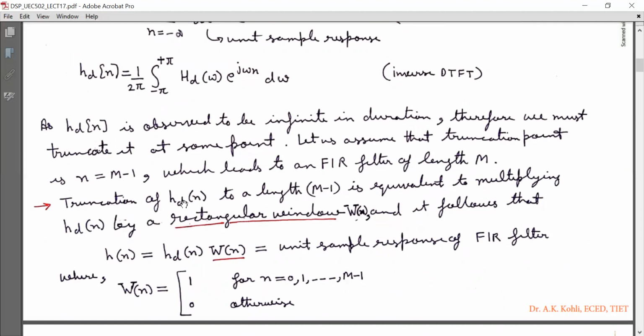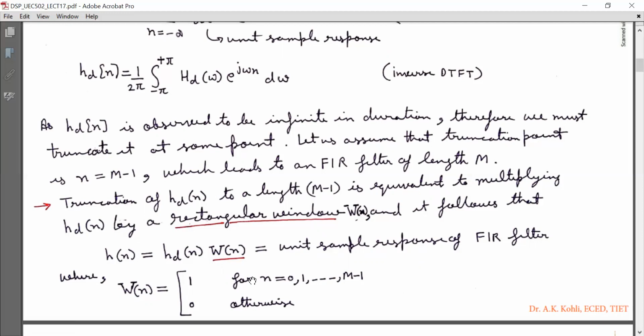The truncation of hd(n) to length M is equivalent to multiplying hd(n) by a rectangular window w(n), and it follows that h(n) is equal to hd(n) times w(n), the unit sample response of the FIR filter.